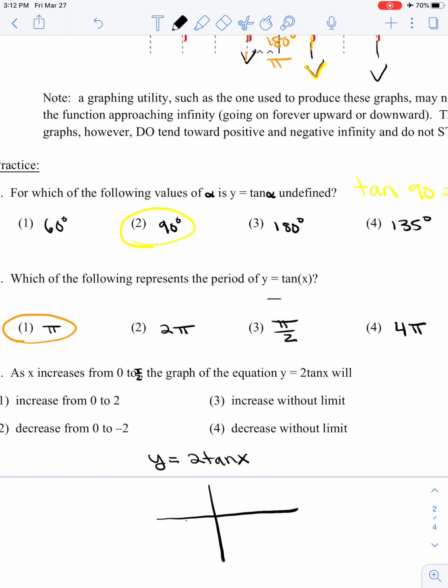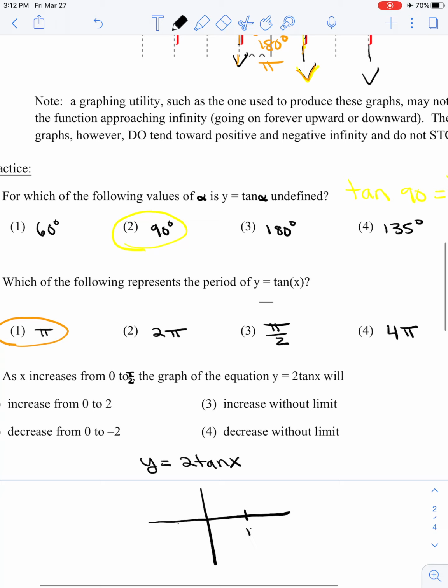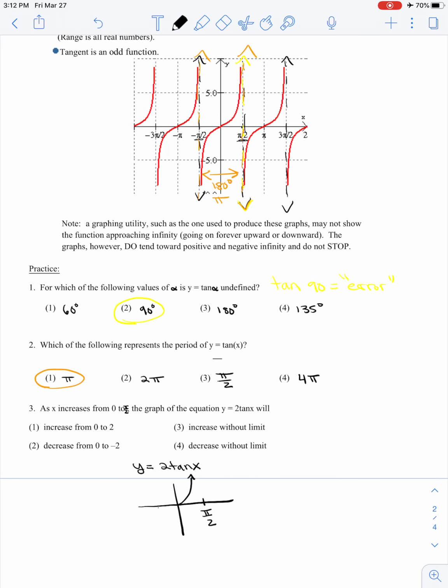So we're only concerned about what the graph looks like from 0 to pi over 2. So if you look at your calculator, your graph should look something like that. So as x goes from 0 to pi over 2, your graph is going to increase without limit.